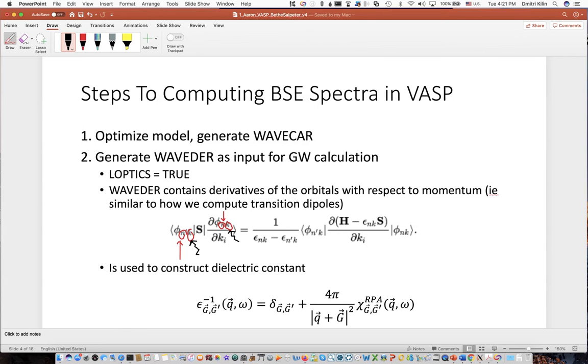When you do calculations, do you see the sizes of the files? Do they coincide or differ? They differ. Wave_dir is smaller.